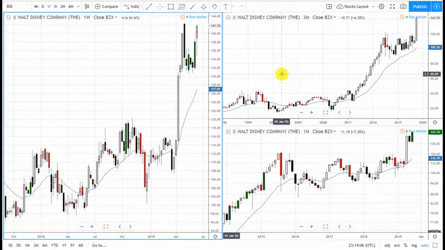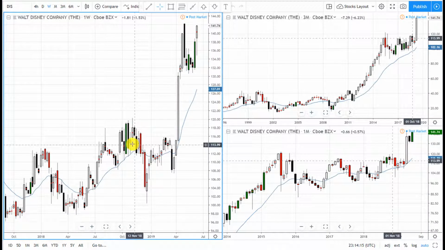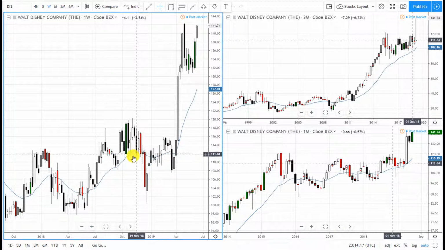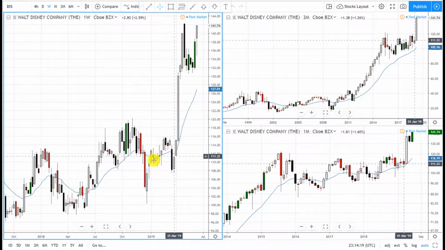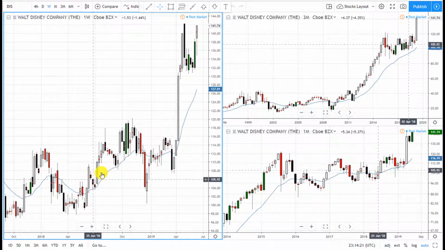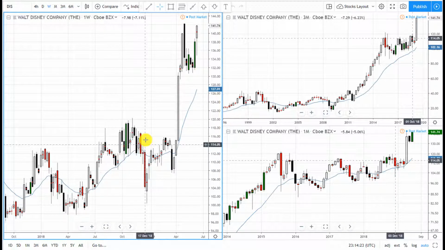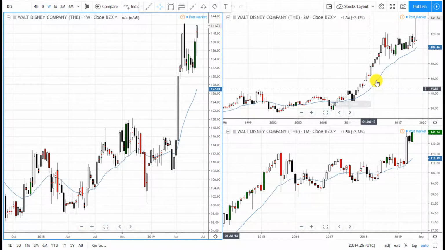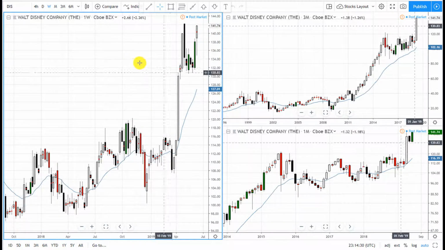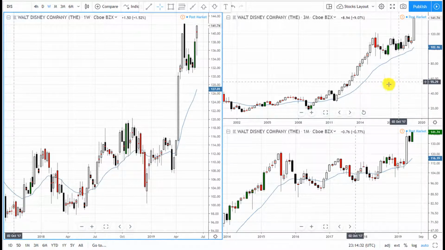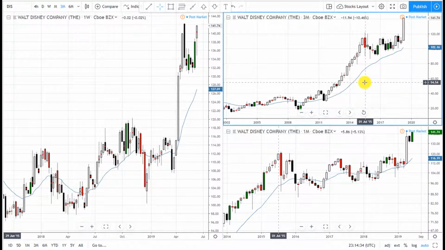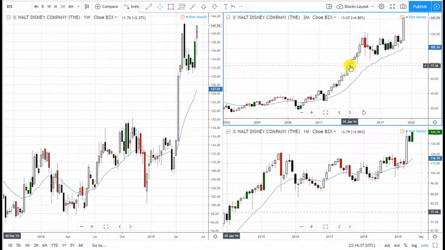I trade these longer time frames because on the daily charts, it's a mess usually on stocks just because there's so many buy and sell orders that it's very small candles. Even on the weekly here, the candles are pretty small. So that's the reason why I trade 3 months, monthly, and weekly charts, and the weekly chart is my entry.